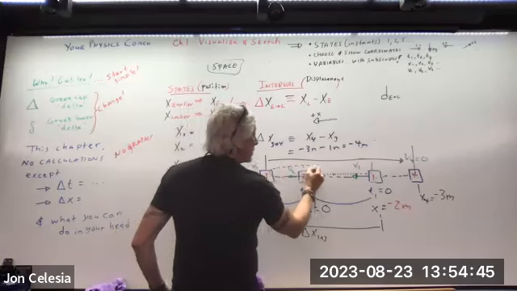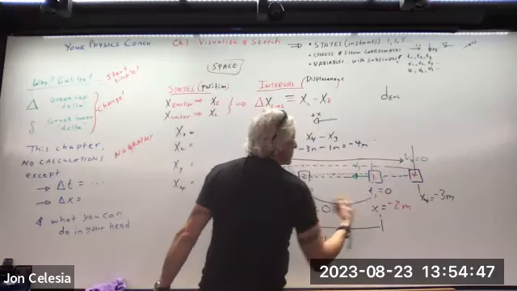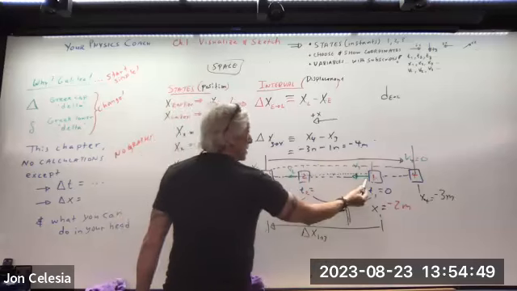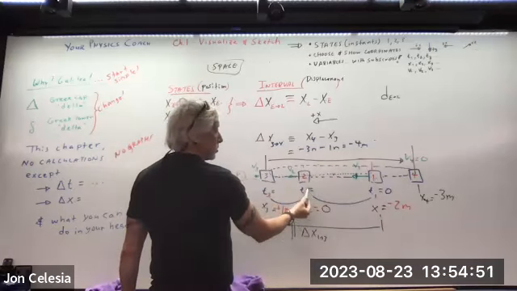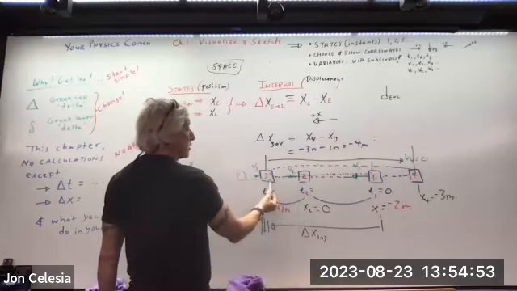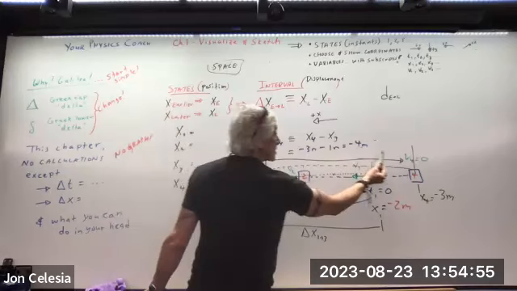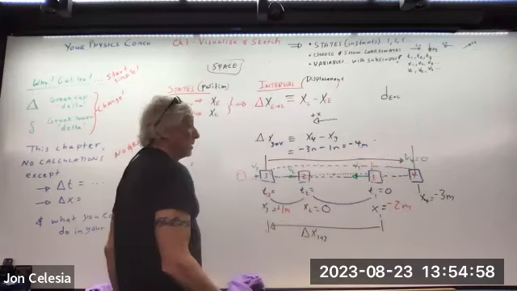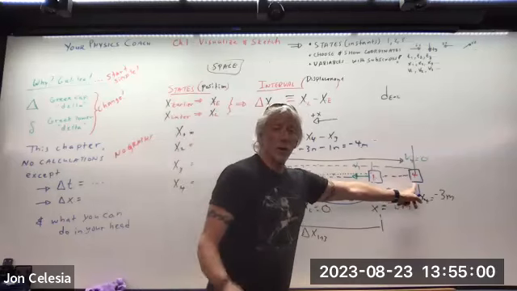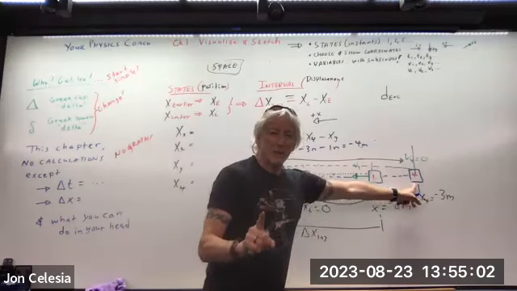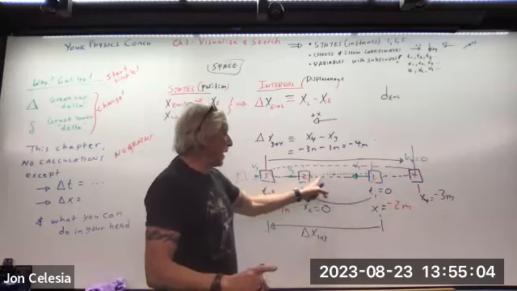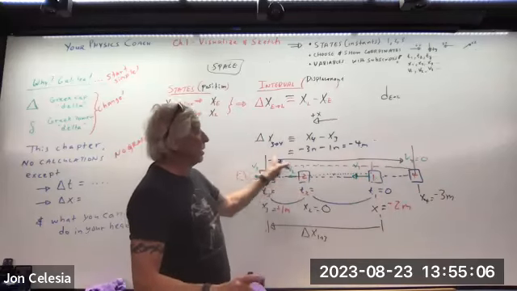And then I went back another 4 meters. So the distance is 2 plus 1 is 3 plus 4 is 7 meters. To go from 1 to 4, the distance you add up, the whole motion.